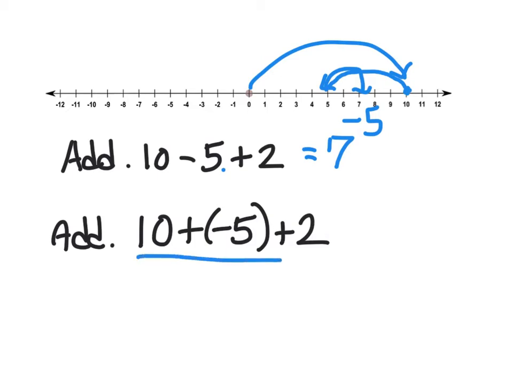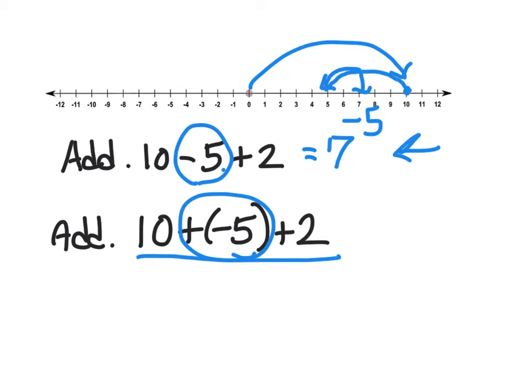Now, this problem here is actually the exact same problem, but I just rewrote it. Notice that instead of putting -5, I just put plus -5. And that's the same thing as subtracting 5. When you add a negative number, you move that distance in the negative direction, or in the left direction.